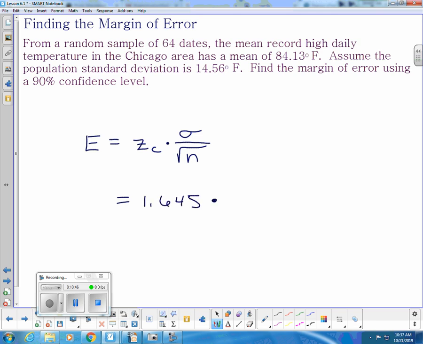1.645 times the standard deviation of the population, which is 14.56, divided by the square root of the sample size, which is 64. So it's not hard. You're just plugging in some numbers here.